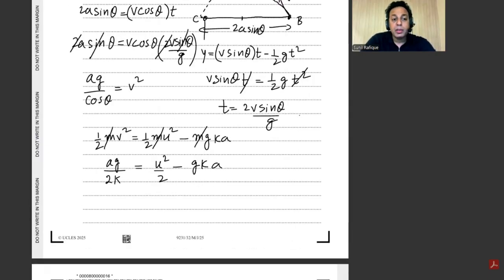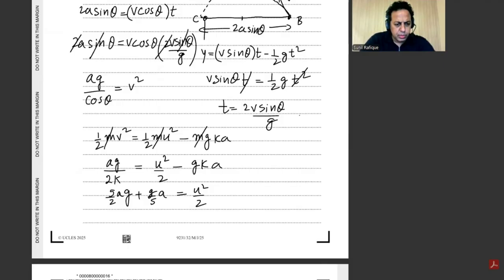So we have k. We know that that's 1/5. So that's going to be divided by 1/5. It's going to be 5 over 2 ag plus, that's going to be g. Okay, that's g over 5a, right? Equals u squared over 2.